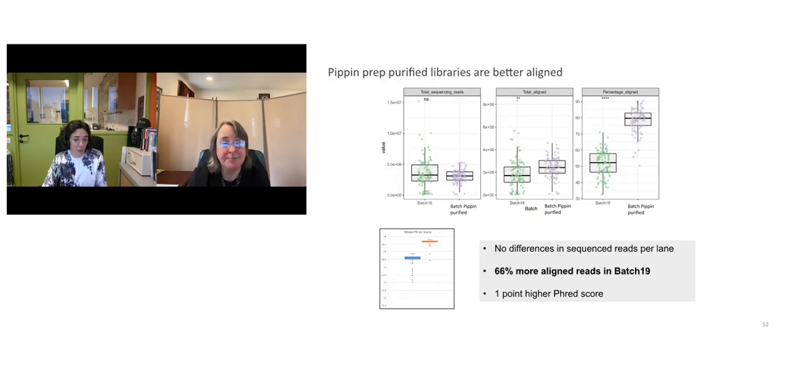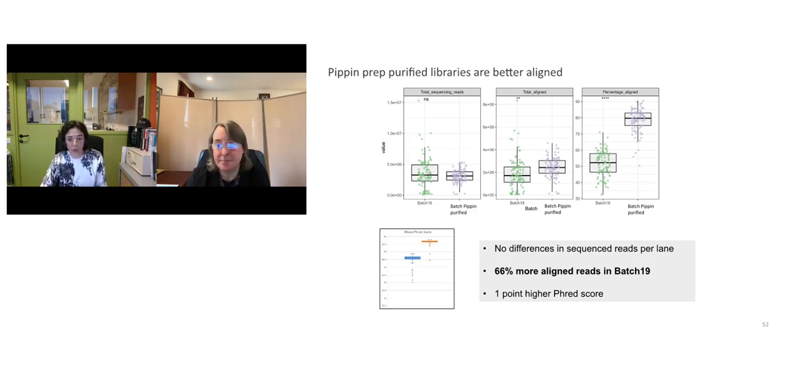And then we sequenced those samples and we analyzed the data output. To make it quite brief, one important thing is that when you do this kind of approach, we did not get many differences in terms of total sequencing reads. So okay, the purification is not affecting your sequencing in general.